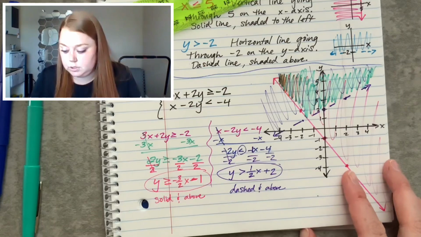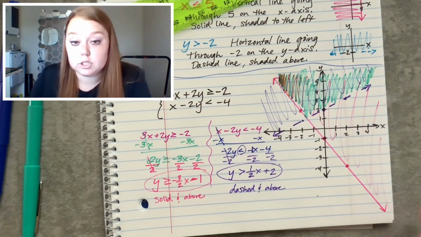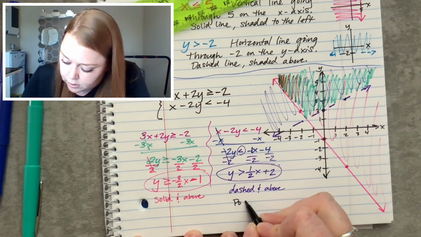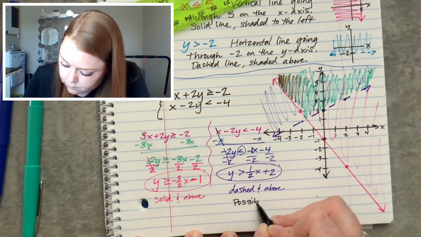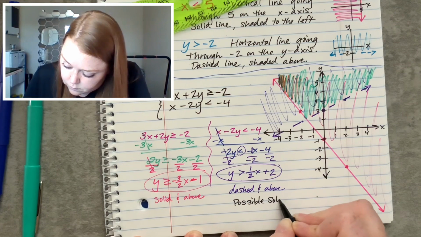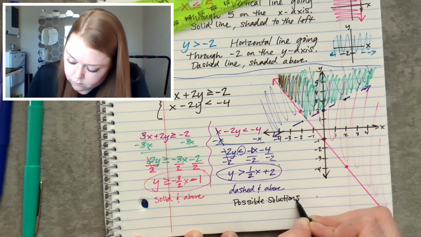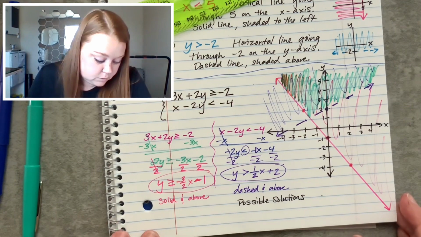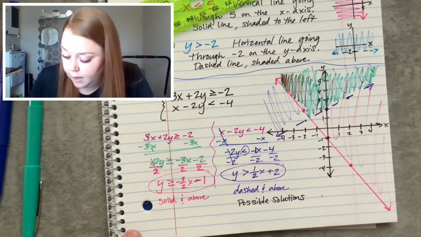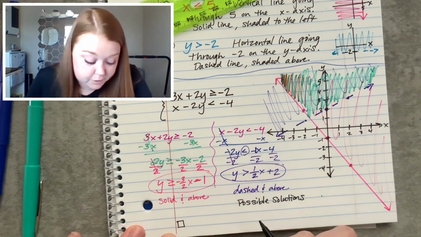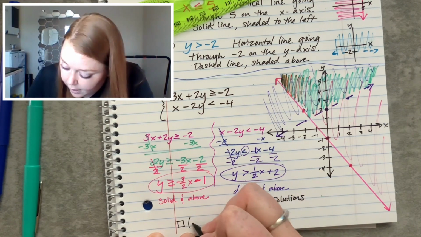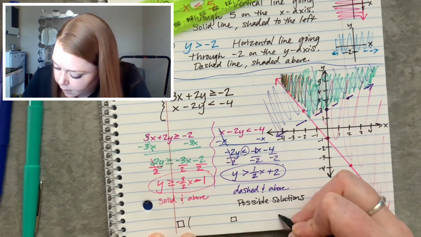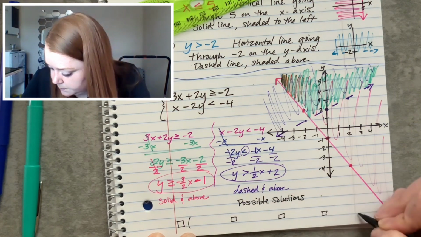Possible solutions. So I am going to have you enter in your answers on Delta Math. Which of the following, actually, I don't know. I kind of want to talk about this. I changed my mind. You're not going to enter your answer on Delta. I want to know which of the following are possible solutions.